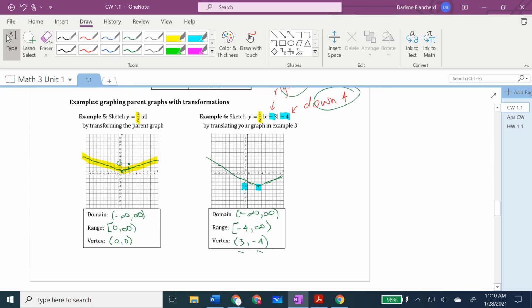And when you multiply by 1/2, you could also look at it as dividing by 2, because they are exactly the same thing. So realize that with your transformations, whatever is multiplying or dividing to the function, you're going to take the y coordinates and just do that to those y coordinates.